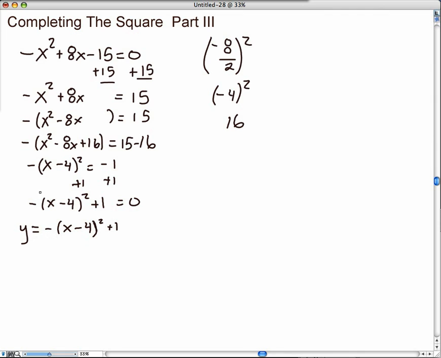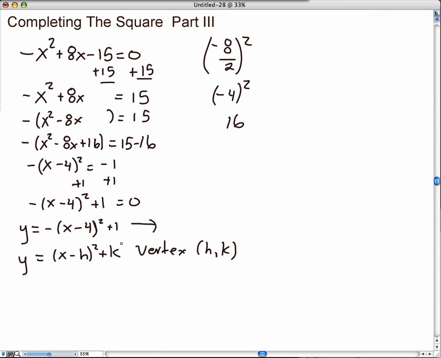And I also want to compare it to the general form, this form here. You might have seen it before, for identifying the vertex. And the vertex is (h, k).